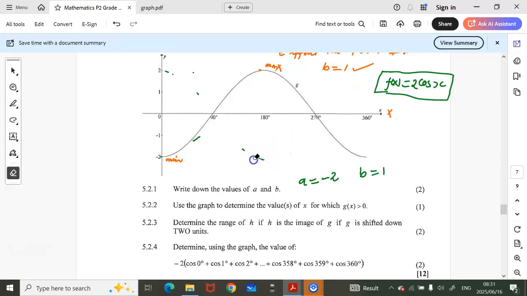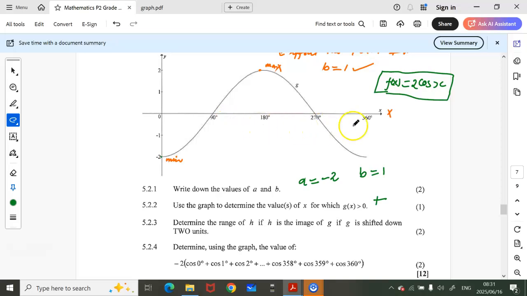Okay, what is the meaning of g of x being greater than 0? It simply means where the graph of g is positive. Where is the graph of g positive?